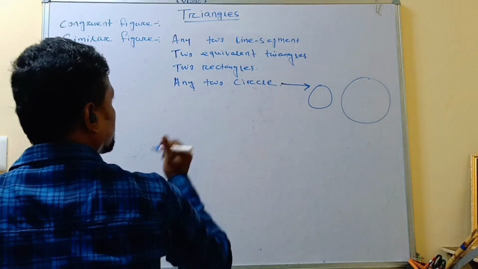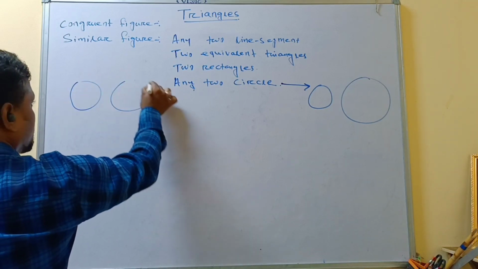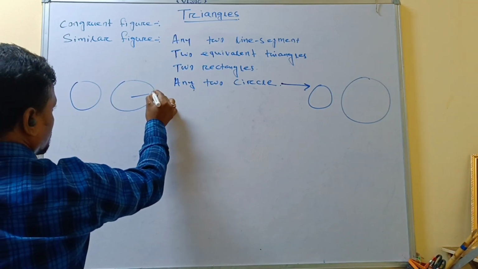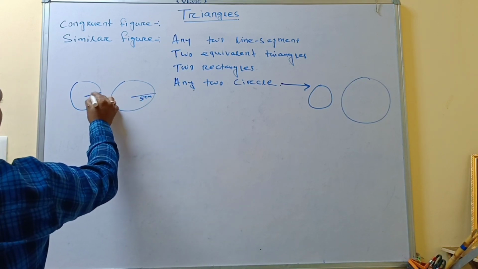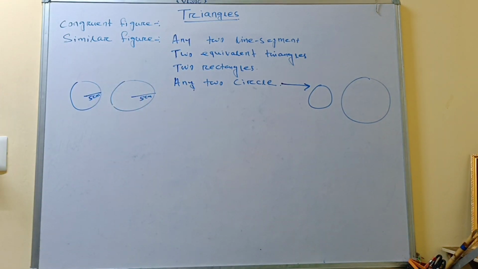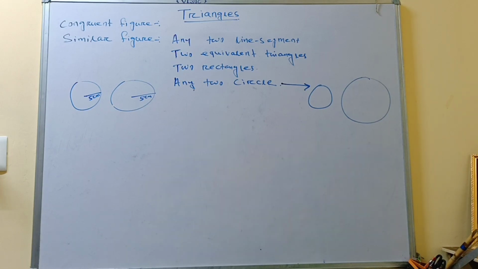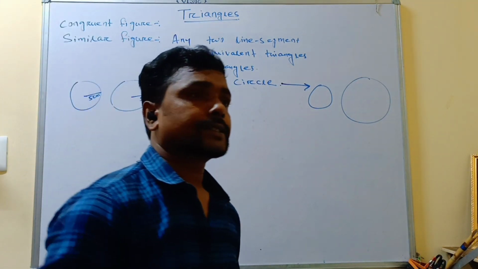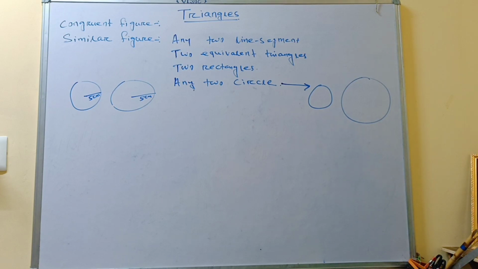In case of congruent figure, if I draw two circles with same radius, suppose this is 5 cm radius and this is also 5 cm radius, then we can say that two circles with equal radii are congruent. Two congruent figures are always similar, but a similar figure is not necessarily congruent.